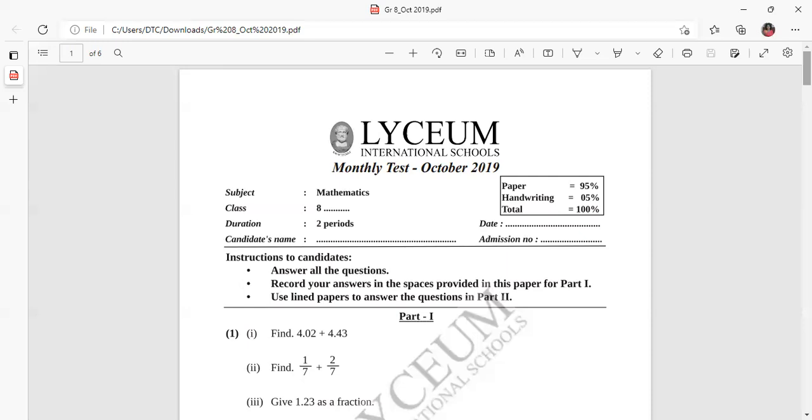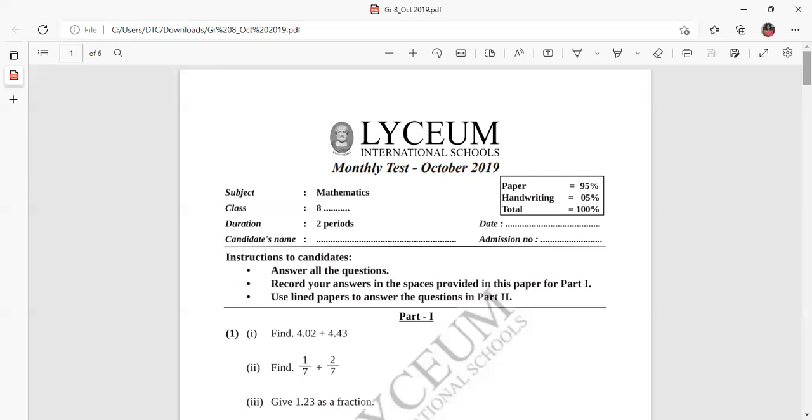Here 95% of the paper is for the answers, and the remaining 5% is for your handwriting, which includes the neatness of the paper and how you have organized your answers.